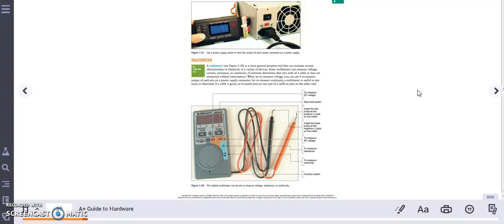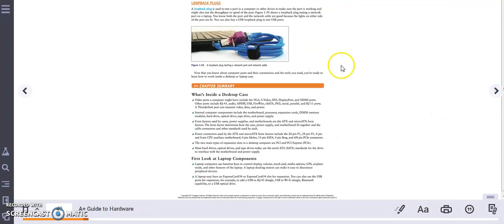They're just going to replace it because the amount of time and money it takes to diagnose a power supply and fix it far outweighs the price of just getting a brand new one. So here's a multimeter. There's a loopback plug. And then here's the chapter summary on page 40.